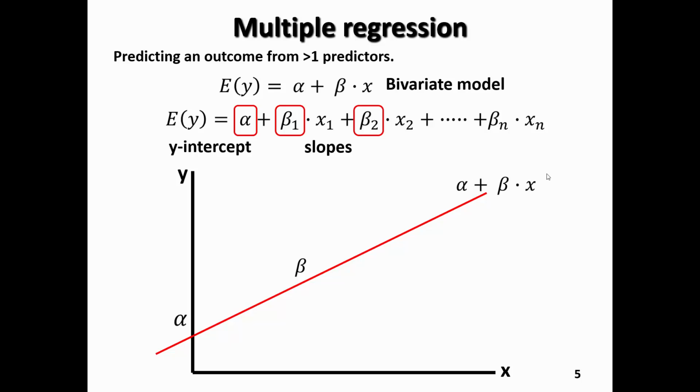This is our hypothetical or theoretical model for our population, where alpha represents the point of our y value when our x predictor value has a value of 0, where beta represents the slope of this line, assuming that it's linear. And if we just select a particular point on x, we go up to the line, the model should predict what our y value is.